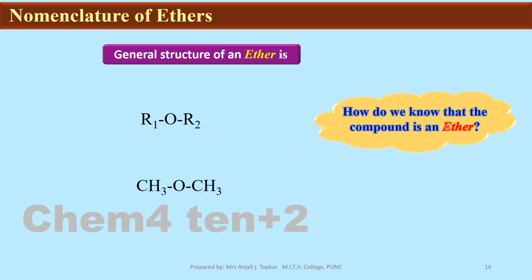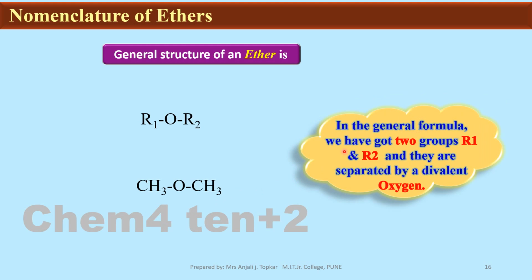How do we know that the compound is an ether? Here is the example. There is a centrally placed oxygen atom which is divalent, and to this divalent oxygen atom maybe 2 alkyl groups are attached, or 1 alkyl and 1 aryl, or maybe both aryl groups are attached. Such compounds are said to be ethers.